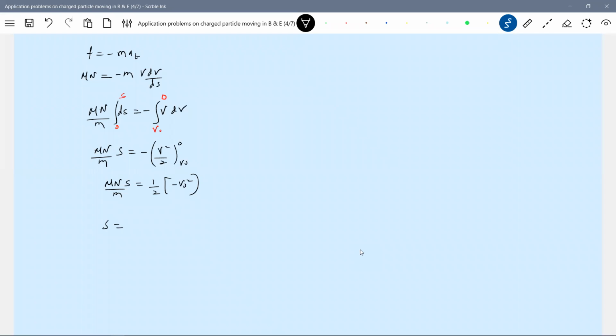The value of s is needed, so this will become m v naught square by 2 mu N. What is the N we assumed? It is equal to mg plus q E naught. Path length of the charged particle.